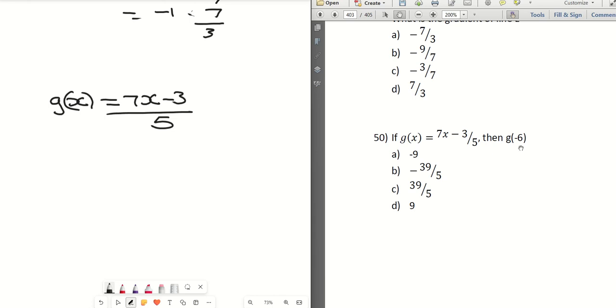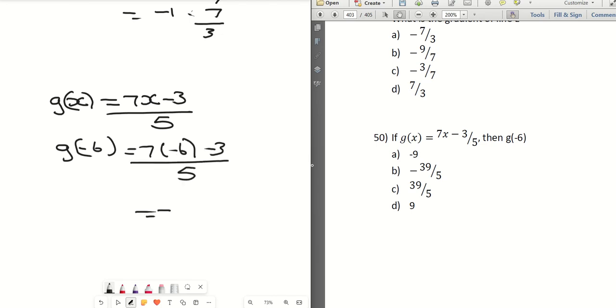So when they said g of -6, they're telling you to map when x is equal to -6, what is your value, right? g of -6 would be 7 multiplied by -6 minus 3 over 5. 7 sixes are -42. -42 minus 3 all over 5 is -45 over 5. 5 going into 45 is 9, a minus and a plus gives a minus, so that's -9. So the answer is A for 50.